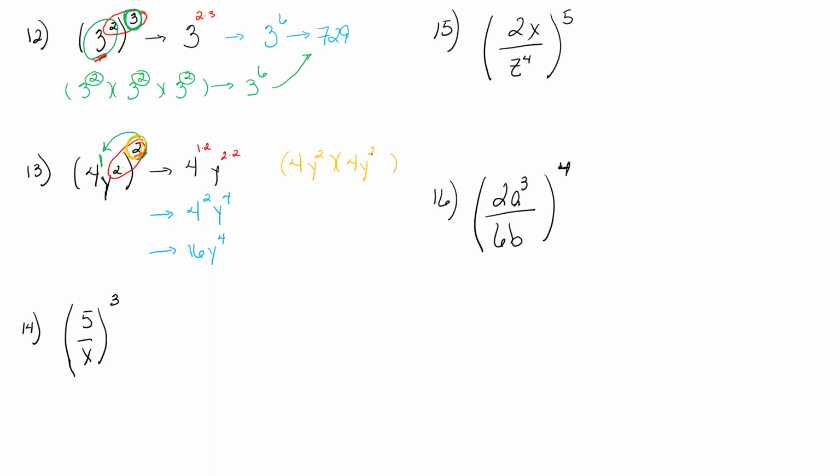And if I do this the long way, I'll do 4 times 4, which is your 16, and y squared times y squared, which is y to the 4th, which gives me the exact same answer as we got using the law of exponents. How are we doing? So far, so good?